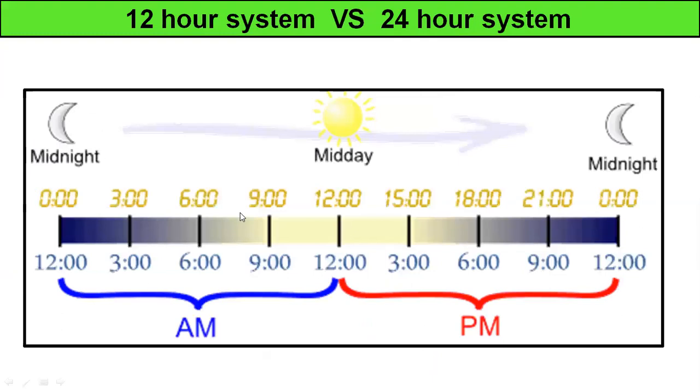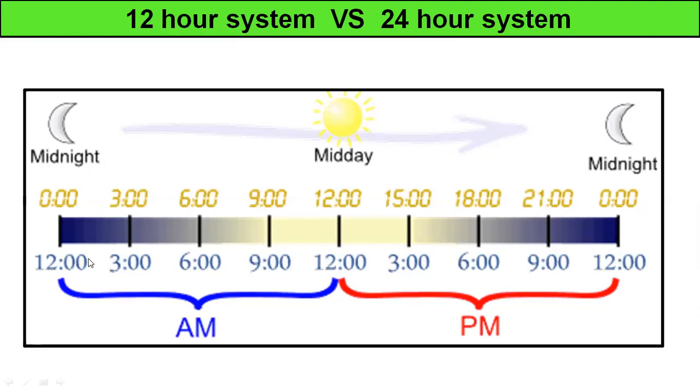The numbers at the top show the 24-hour clock system, and the numbers below show the 12-hour clock system. About midnight, you can start counting from 0, but if you're using the 12-hour system, it's 12.